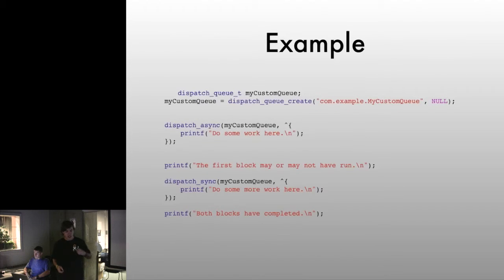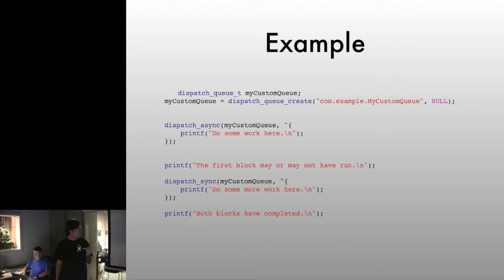So here's Apple's example of using both of those. In this case, we create a serial queue, and we first add an asynchronous task that prints "do some work here," and that immediately will fire off that task or throw it into the queue, and then it may get run immediately or it may get run in a little bit.